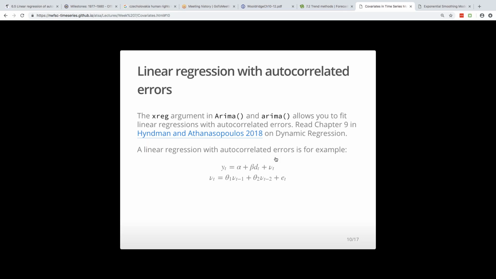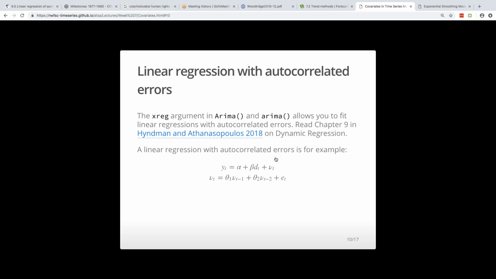One common approach is to model those errors as an autocorrelated process. So here is an example. This is a linear regression of Y against a covariate D. These are my errors.